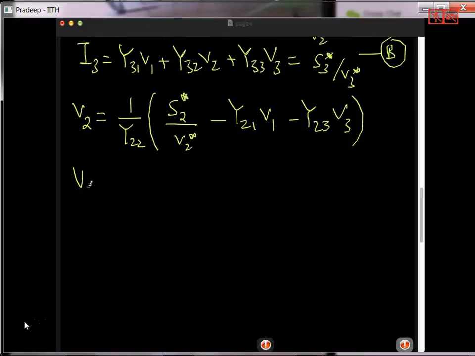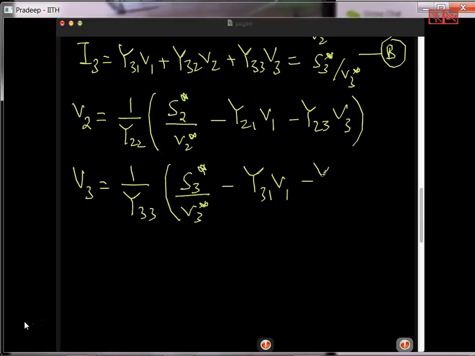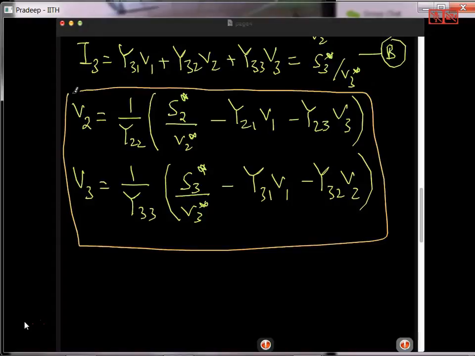Similarly, what is V3 equal to? 1 by Y33. I will get S3 conjugate by V3 conjugate minus Y31 V1 minus Y32 V2. So these two equations I will solve using Gauss-Seidel method. So that is the solution approach.